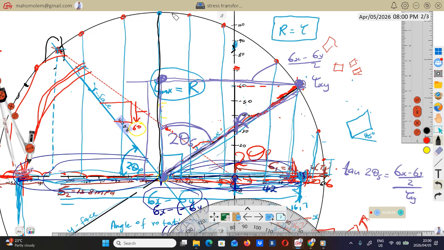So to move this black line from here to this maximum shear stress plane, you must rotate this line by this angle.